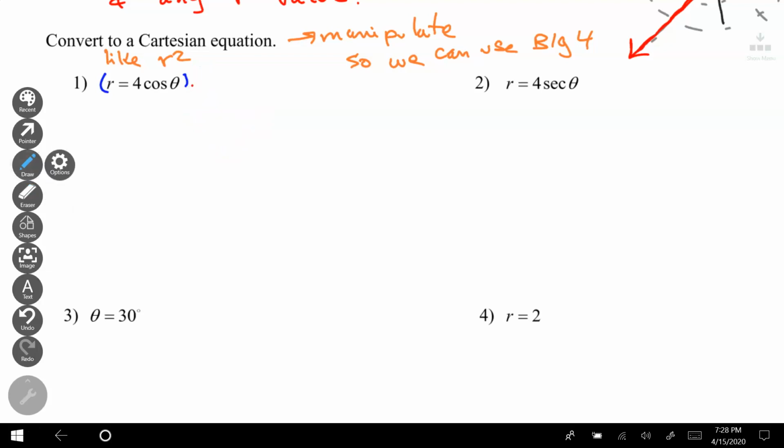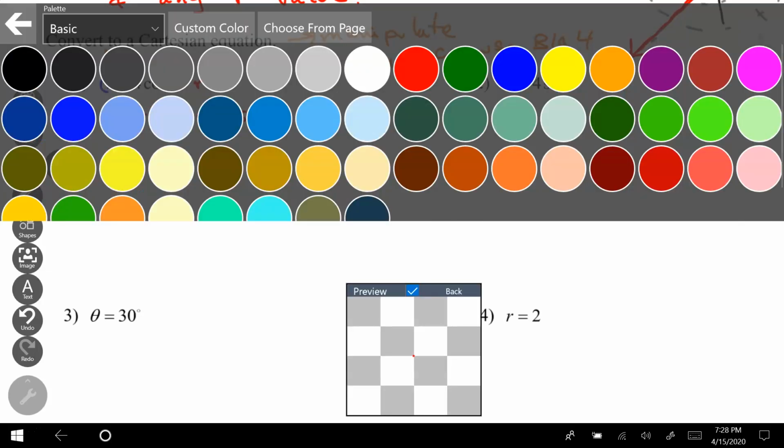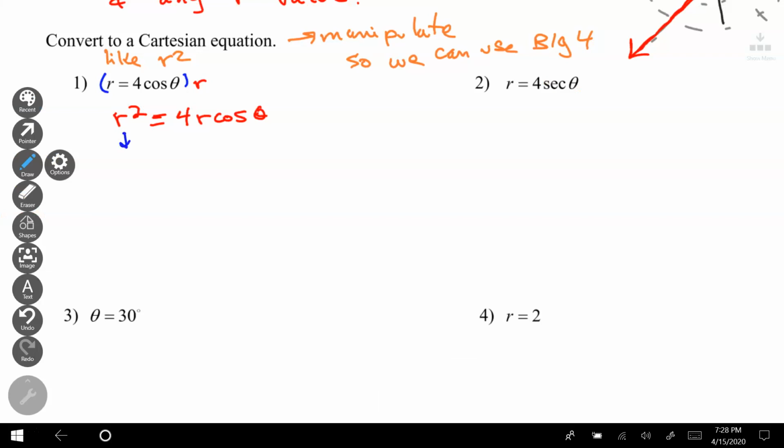How about if I multiply everything by r? I get r squared equals 4r cosine theta. And that, to me, is something I can work with, because when I substitute in, r squared becomes x squared plus y squared from the top, and 4r cosine of theta becomes 4x.